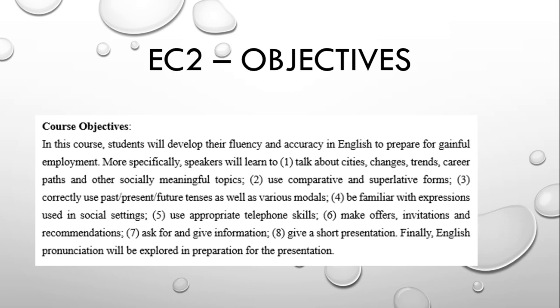Seven, ask for and give information, so making questions, answering questions. And eight, you will give a short presentation in English in this course. Finally, English pronunciation will be explored in preparation for that presentation. So a short list here of the objectives for this course.